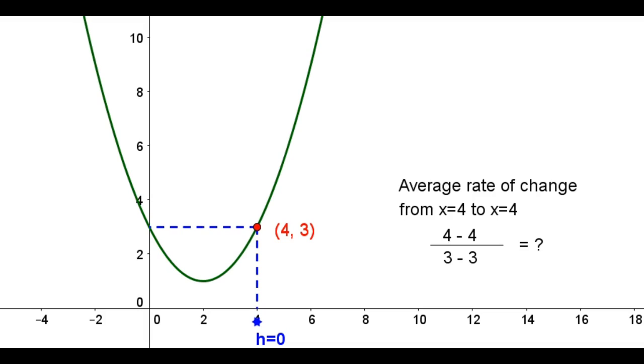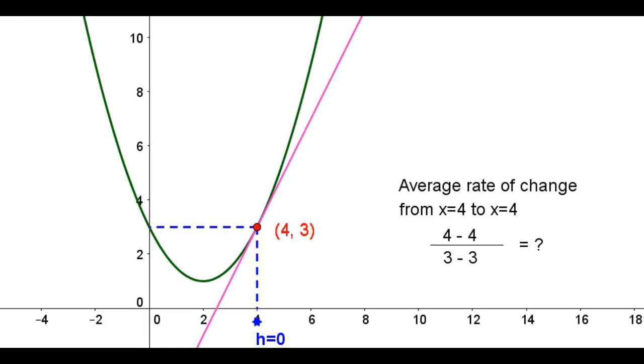Now we don't have a secant line here because we don't have 2 points to connect. But we can look at a tangent line to this curve. The tangent line touches the curve at exactly 1 point. And obviously, since there is a tangent line, it must have a slope.